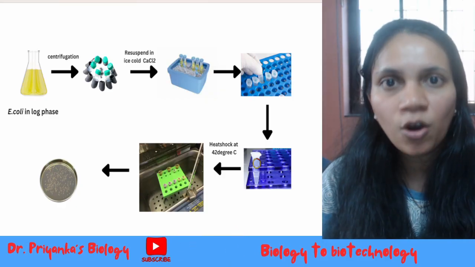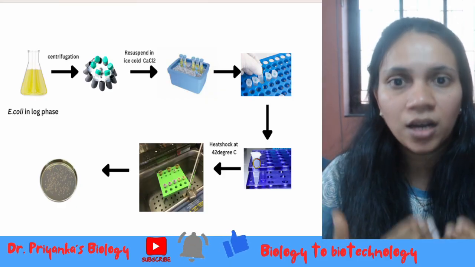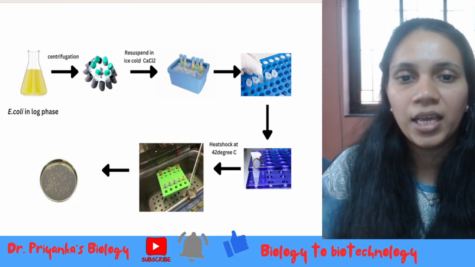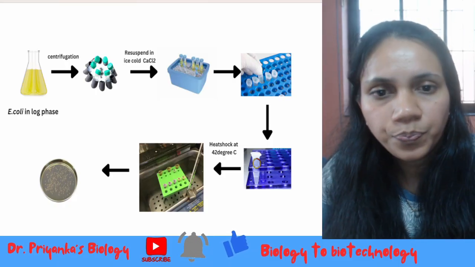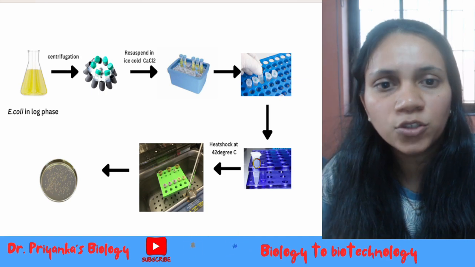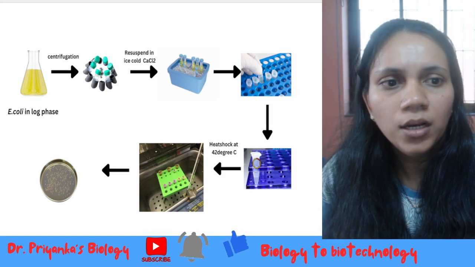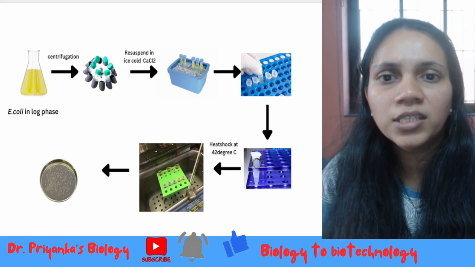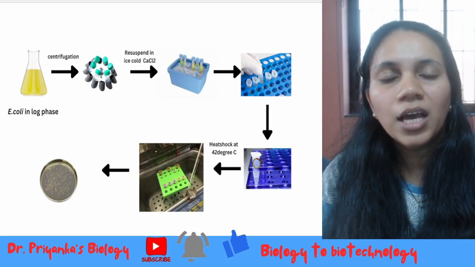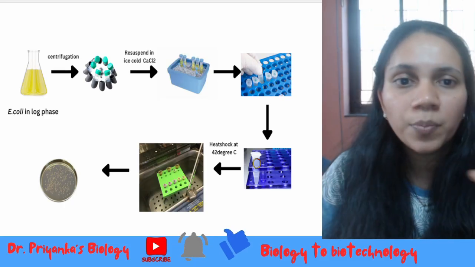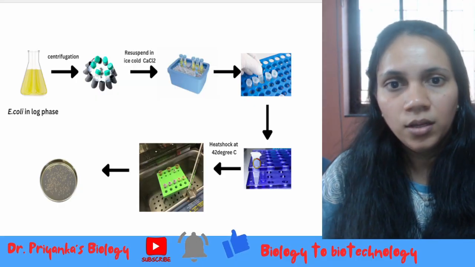The ability of a bacterial cell to take up the foreign DNA is called the competence of the cell. Now, naturally the competence of the cells is very low. So that means the efficiency of transformation will be reduced, right?